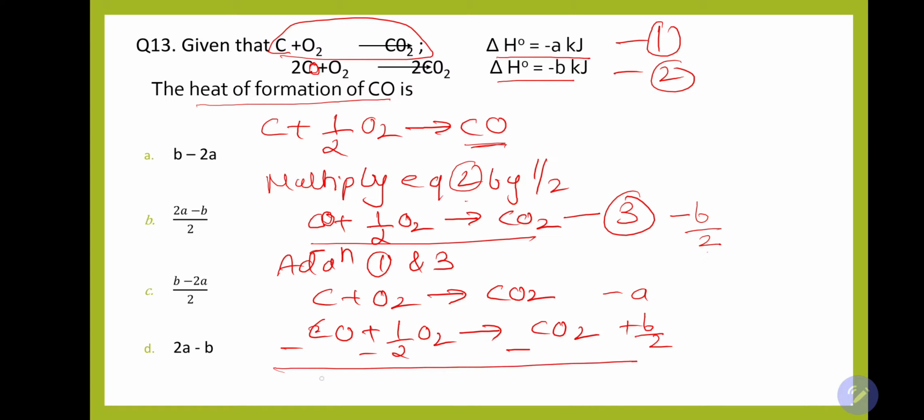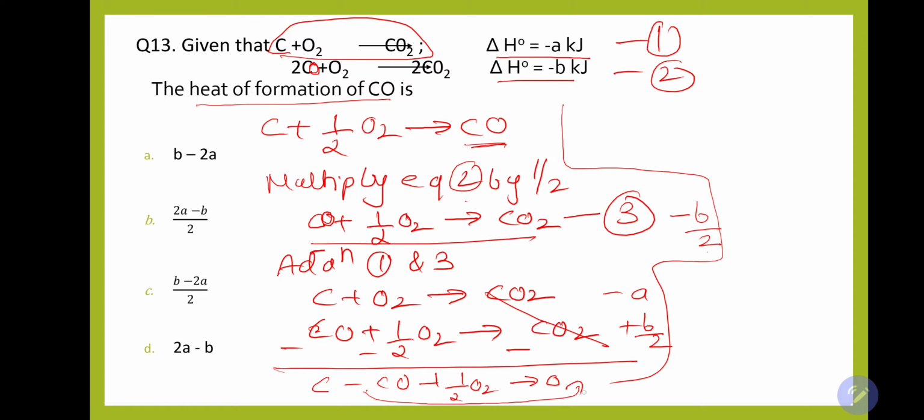It will be this with this will get cancelled, that is C minus CO plus half O2 gives me 0. Now what you are going to do, you are going to reverse this equation. See, taking CO to this side where the 0 is lying.